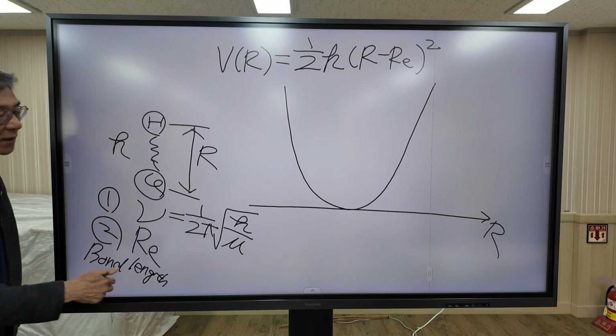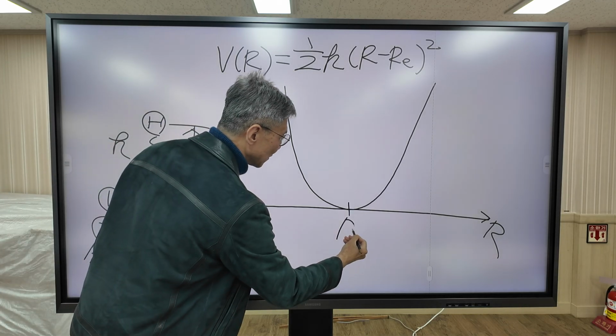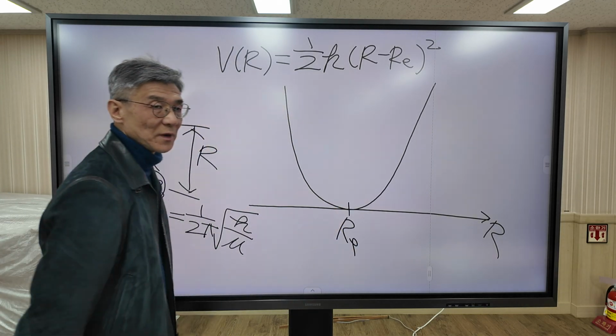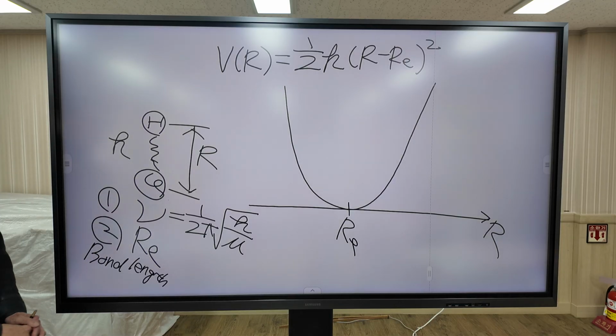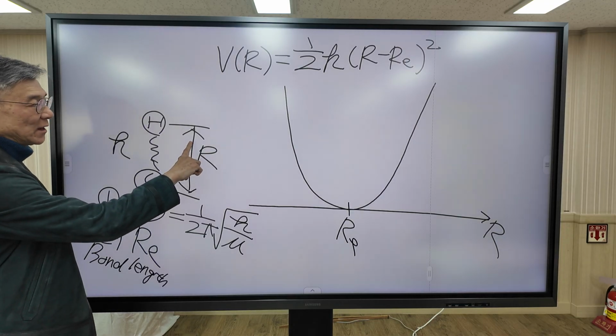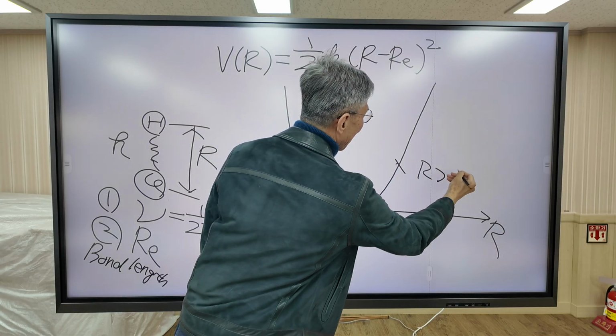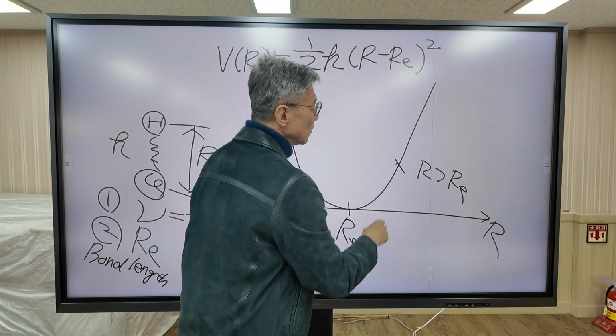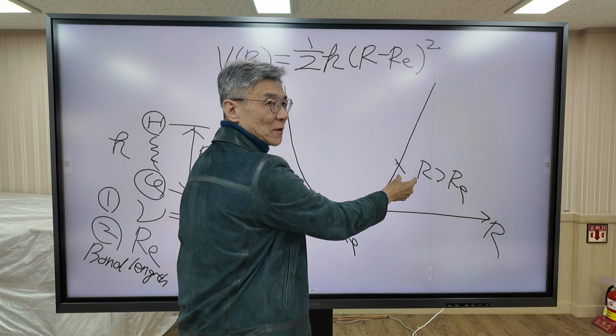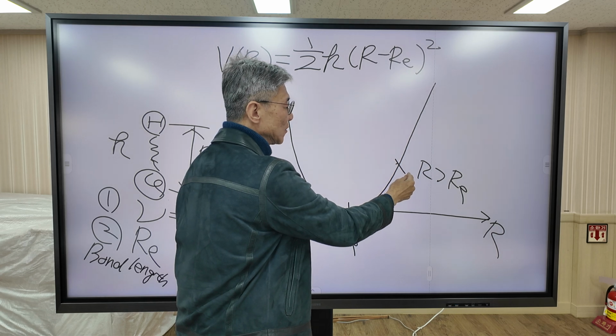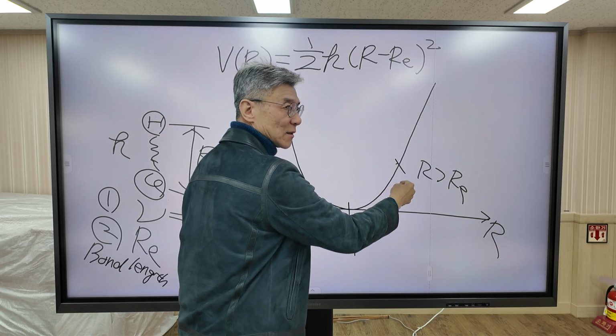Bond length is defined as the distance where the potential is minimized. When the distance between two atoms r is larger than Re, the molecule feels attractive force, so the molecule tries to contract.